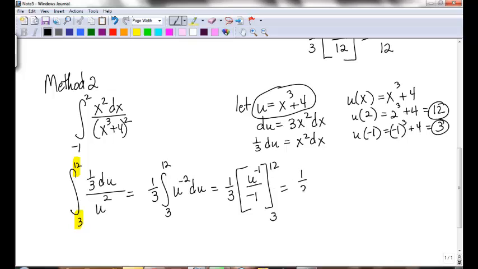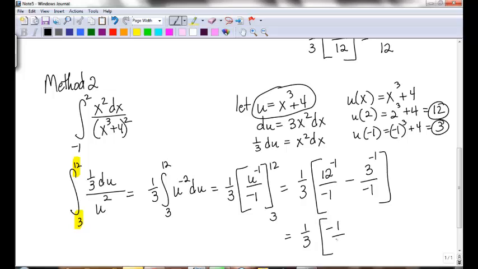So leave the 1/3 out front, and if you put in 12, it'd be 12 to the negative 1 power over negative 1, minus, then put in 3, so it'd be 3 to the negative 1 power over negative 1. Leave the 1/3 out front, and this negative exponent is just going to move that down, so it's like a negative 1/12 minus, it will move this 3 down, so it'd still be a negative 1/3.